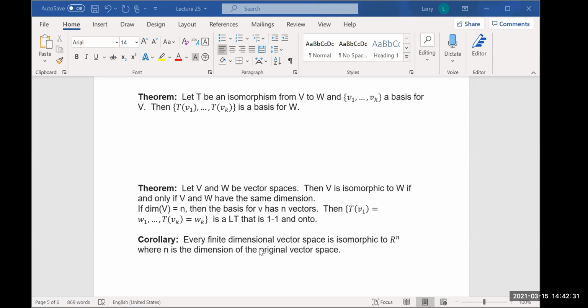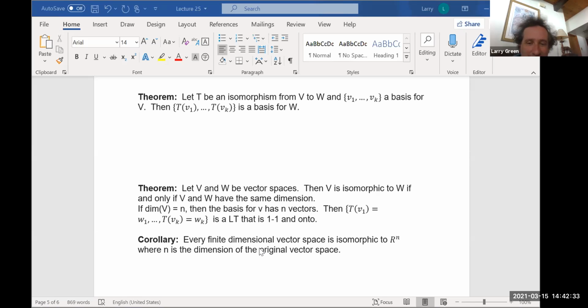We've had a bunch of examples today, actually. The vector space of all differentiable functions is not finite dimensional. The vector space of all functions is not finite dimensional. So the functions are the biggest, most common example of not finite dimensional.